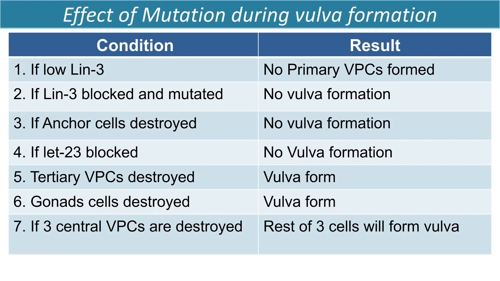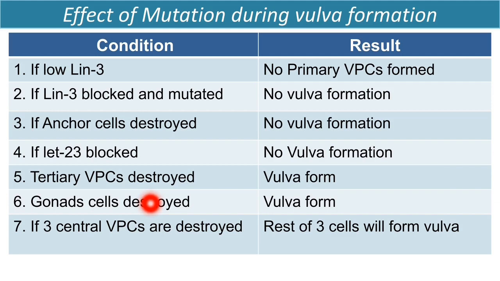Now the fifth case, that is if tertiary VPCs or tertiary cells are destroyed. We know that in vulva formation only primary and secondary VPCs are involved. The tertiary VPCs are responsible for hypodermis formation.